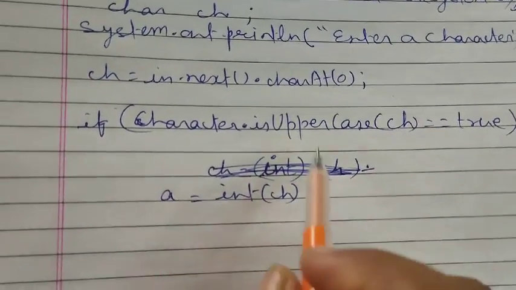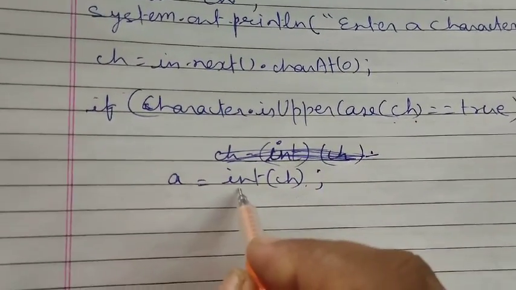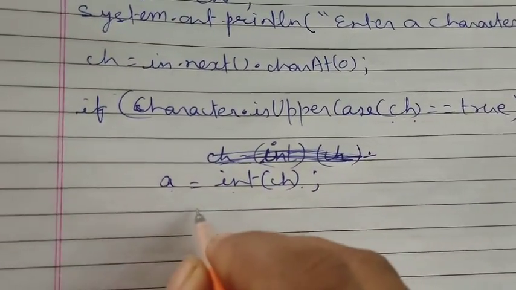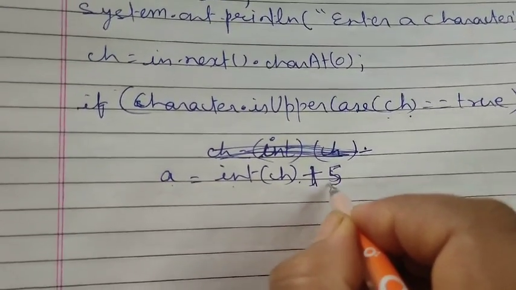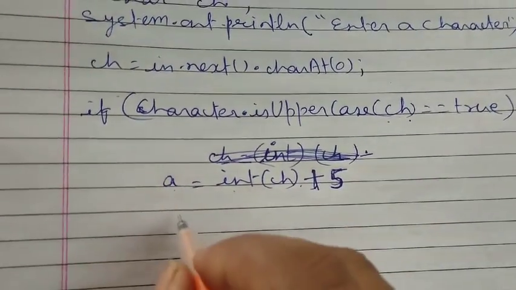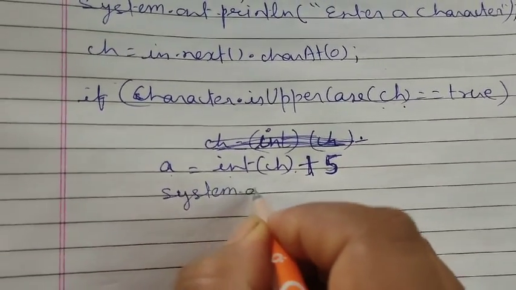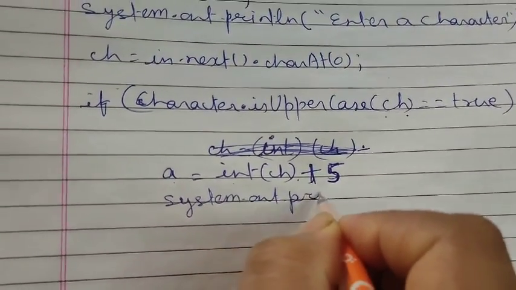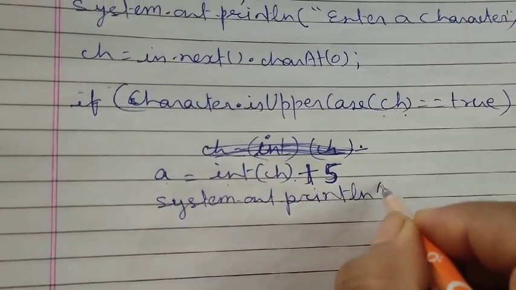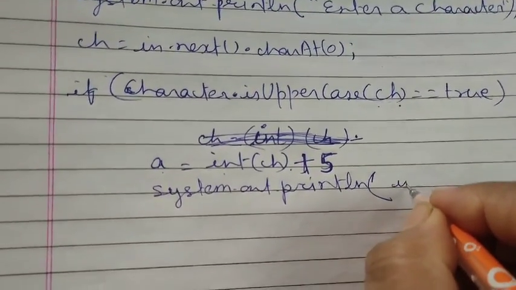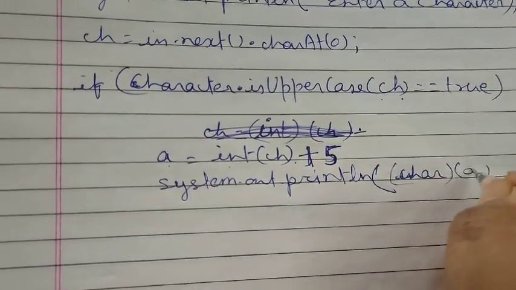Int of ch means whatever character is in ch is converted into its ASCII value and stored here, plus 5. Then it is printed with System.out.print, char of a.